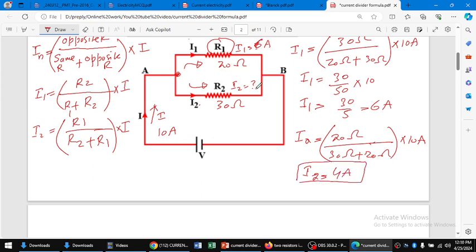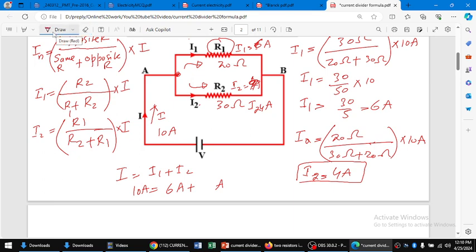Now you can check that the total I is equal to I1 plus I2. It's a quick check. I1 is 6 ampere and I2 is 4 ampere, so 6 plus 4 makes 10 ampere. So this problem is solved.